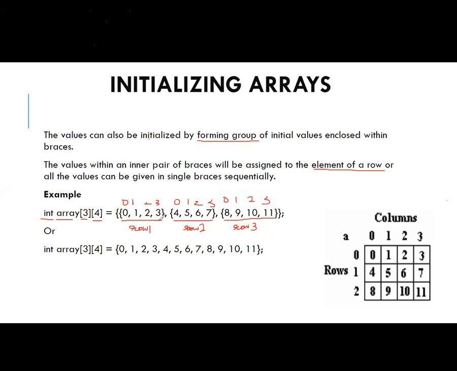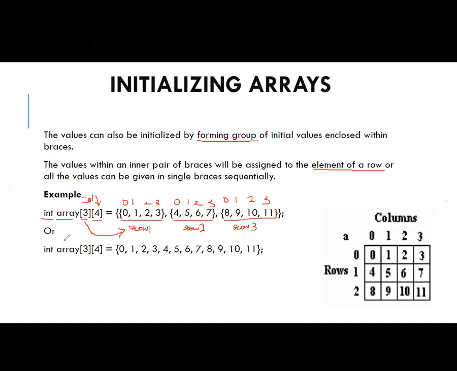Is that clear? These are actually nothing but the column values, that is, the size of the column is 4, and these are the rows. So the number of rows is 3 and the number of columns is 4.